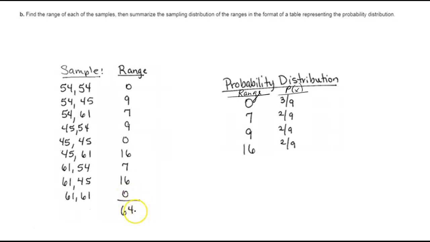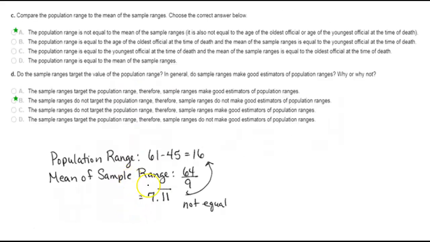So the mean of that is going to be 64 divided by 9. And you can see that these don't equal each other because the range is not an unbiased estimator. So not everything is a good unbiased estimator.